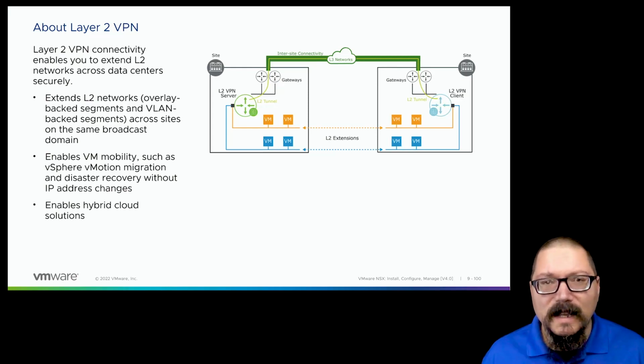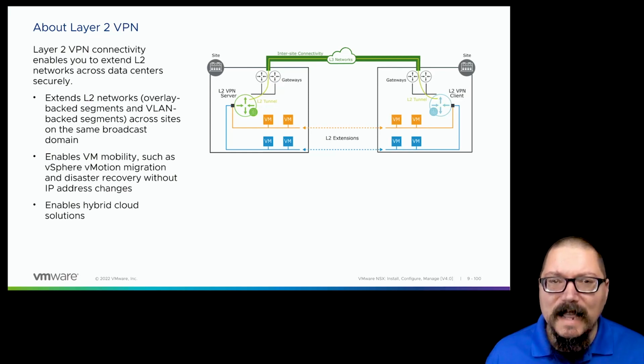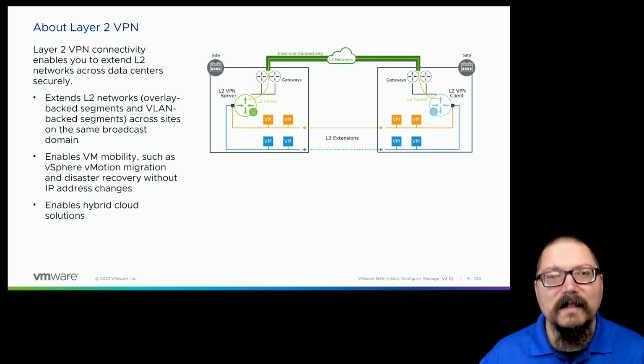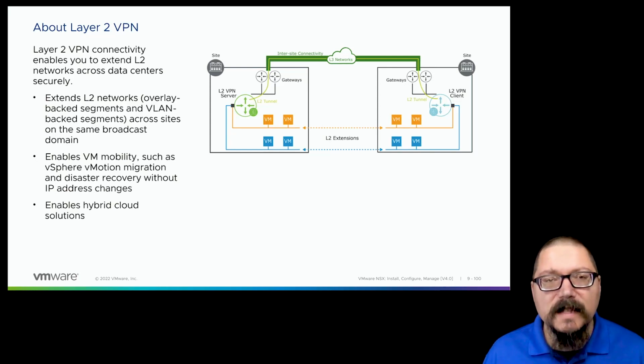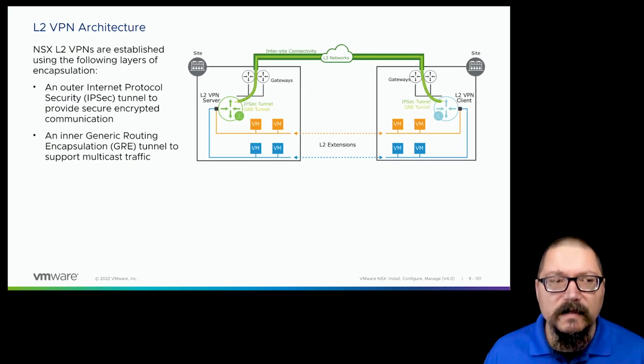Well, here we're looking at the same sort of idea of taking that external network and stitching it together with maybe an NSX network. Except we're doing that across data center boundaries or across WAN boundaries or something like that. And so that's what we're looking at with layer 2 VPNs.